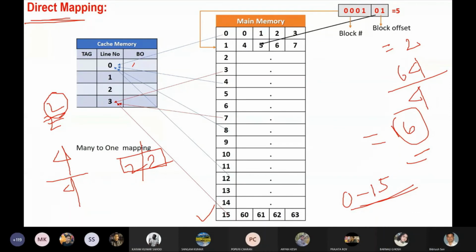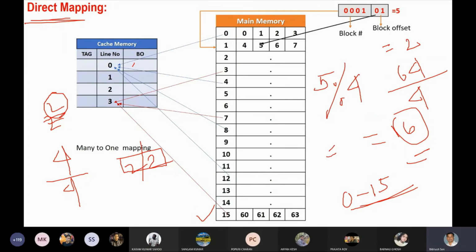Now I am searching these pages. I found this is not available in the cache. That's why I'll go to the main memory. I found it in the main memory, and in which location this is. So block number 5 should be loaded. Now block 5 will be loaded. What is the number of lines? 4. So 5 modulus with 4 line size.